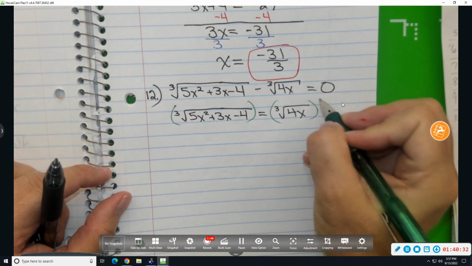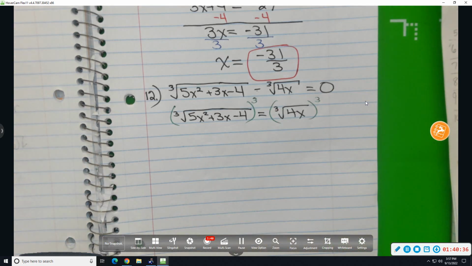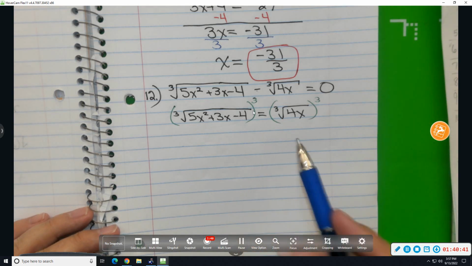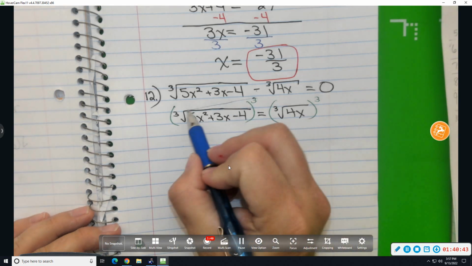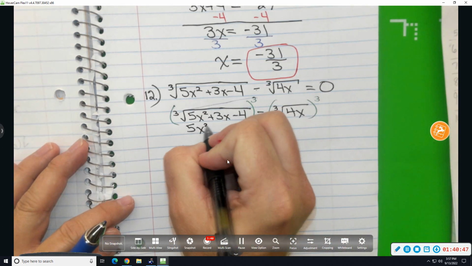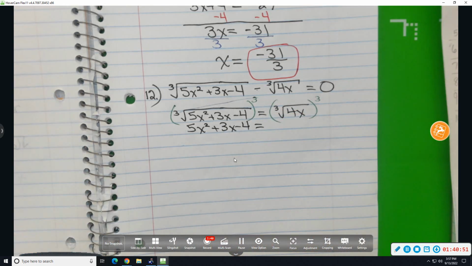So we cube both sides. What's going to happen on the left side? Okay, leaving us just that 5x squared plus 3x minus 4. And on the right side, okay.